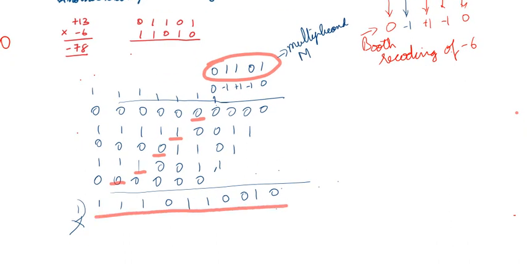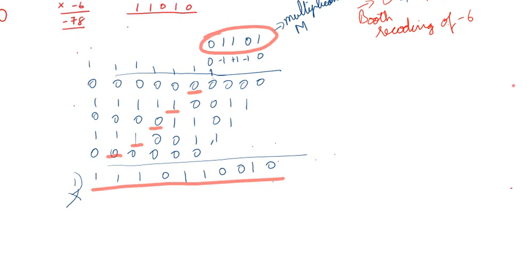Okay, so what is this number? This number is in 2's complement form, because we can clearly see the sign bit is 1. Since the sign bit is 1, we can consider that as a negative number. So the rest of the number you take 2's complement. What is the idea? You have to go from the right side until you see the first one. You should not disturb it, right?